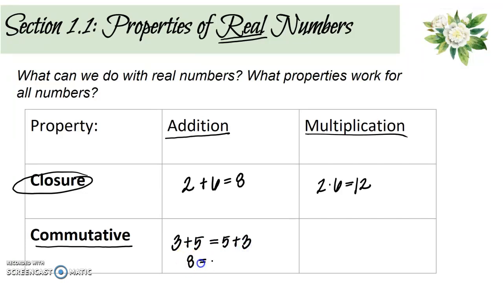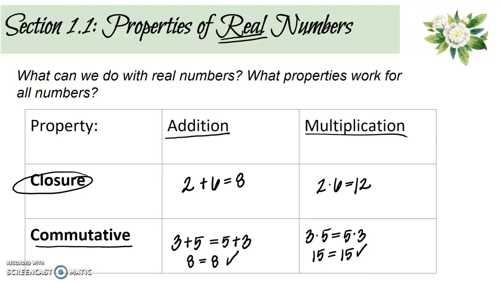Either way, I'm going to get the same answer. I'm going to get that 8 is equal to 8. That also applies to multiplication. If I take 3 and I multiply it by 5, that's the exact same thing that I would get if I take 5 and multiply it by 3. They're both going to be equal to 15. The order does not matter.